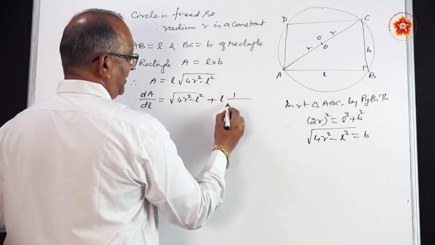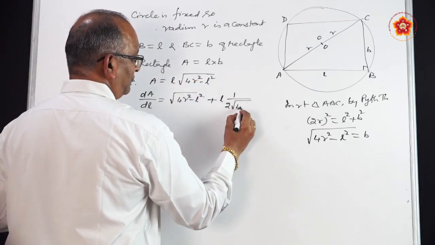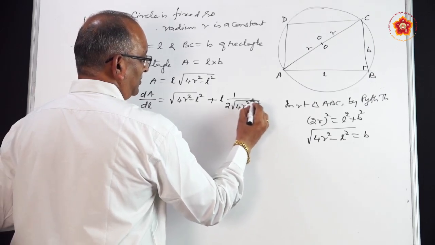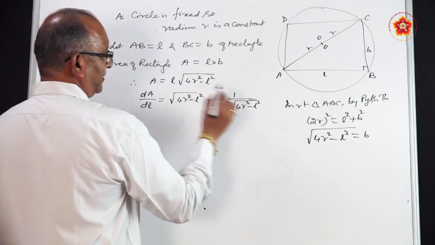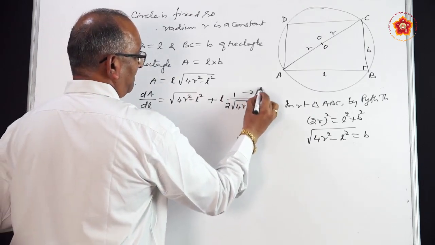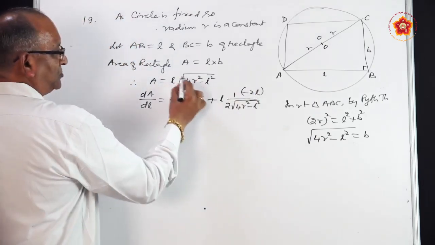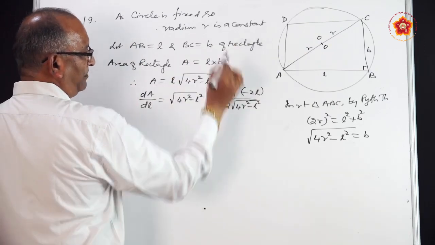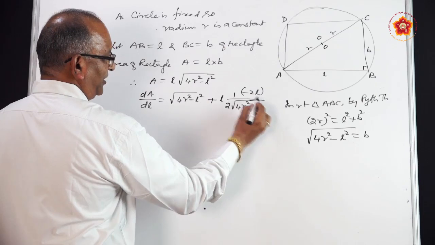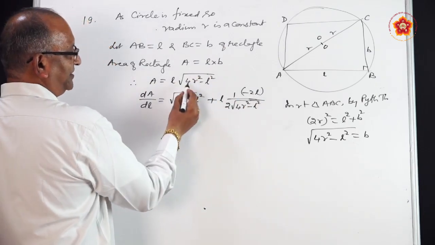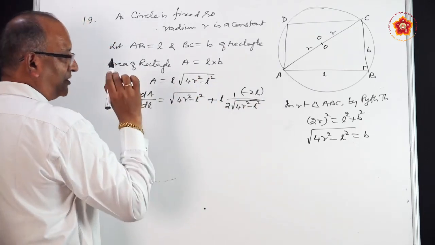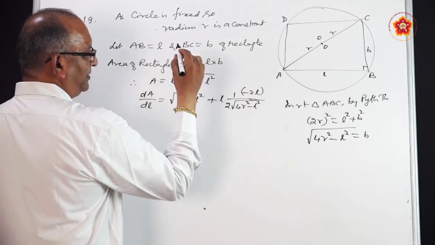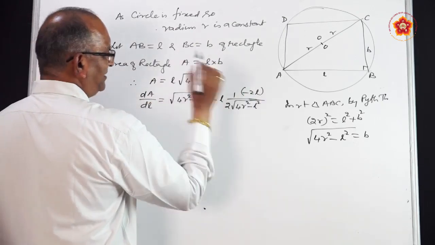It is 1 by 2 under root of 4r square minus L square, into minus 2L. Why? Because the whole thing is to the power half. So 1 by 2 will come with the power minus half. So this term will go to the denominator, and when you differentiate inside, the derivative of 4r square is 0 because it is a constant. The derivative of L square is 2L, because the minus sign is there, minus 2L.